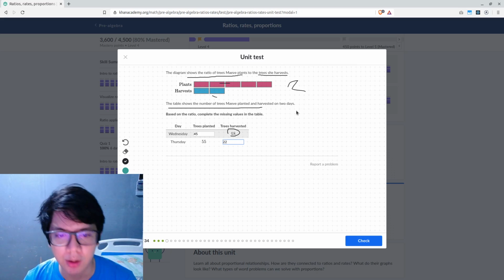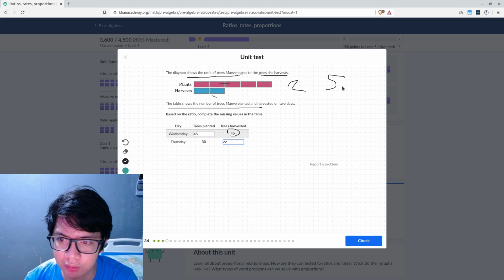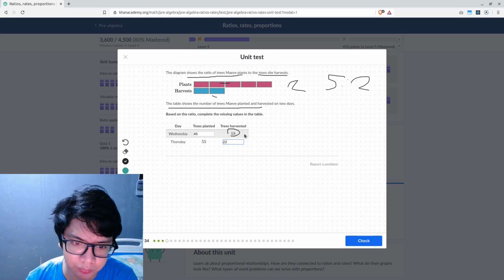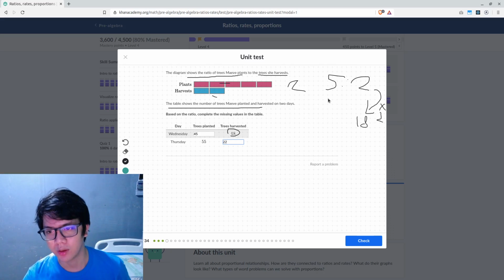Let's see. I don't want to make a mistake, so this is clearly a 5:2 ratio. So if our 2 times 9 is 18, and 5 times 9 is 45.